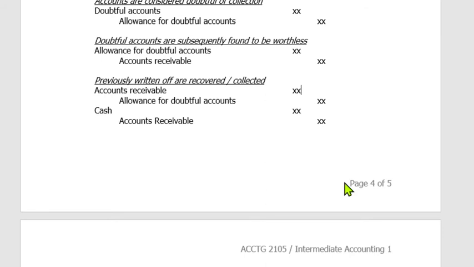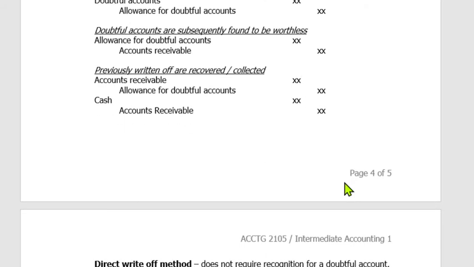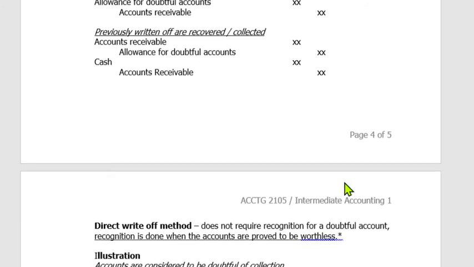Since alam mo na it is from a receivable account, it is proper na you recognize the item as a receivable account. Kaya i-restore mo muna bago mo bawasan ang iyong accounts receivable account. Sorry for yung medyo maingay.